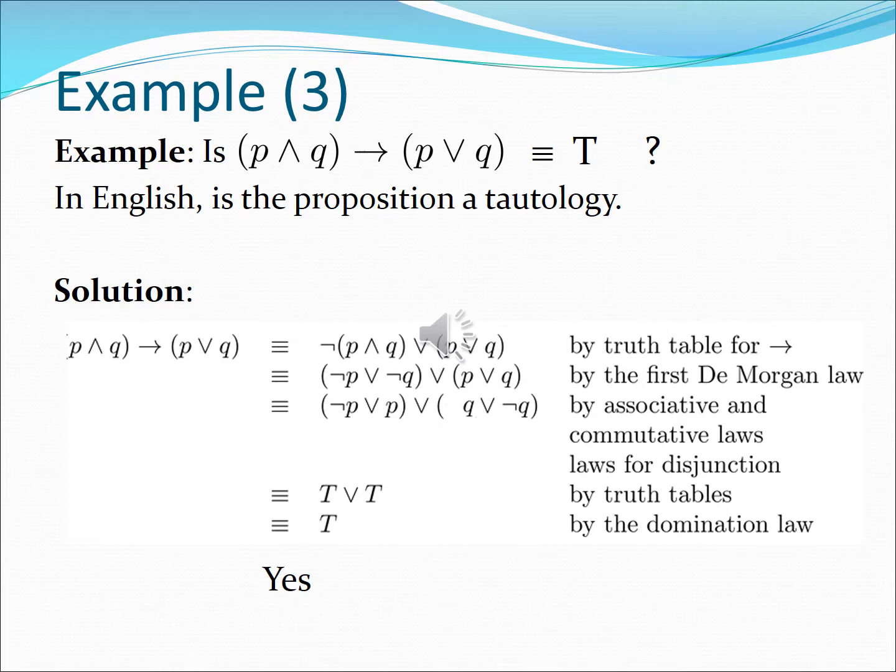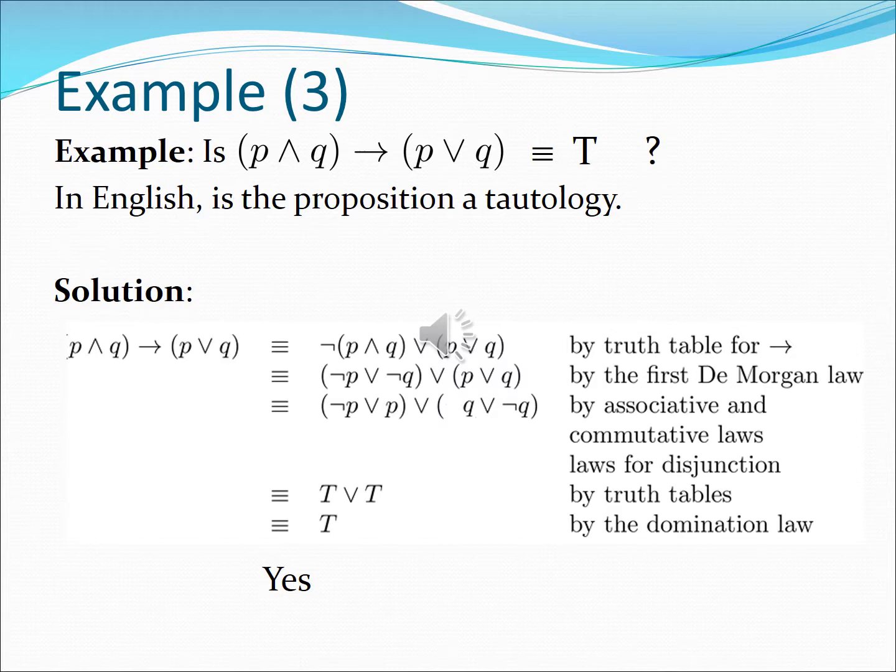In the table, an implication can be turned into an OR expression. That's the first thing we did. Once we have the OR expression, by the first law of De Morgan we can do more simplification.